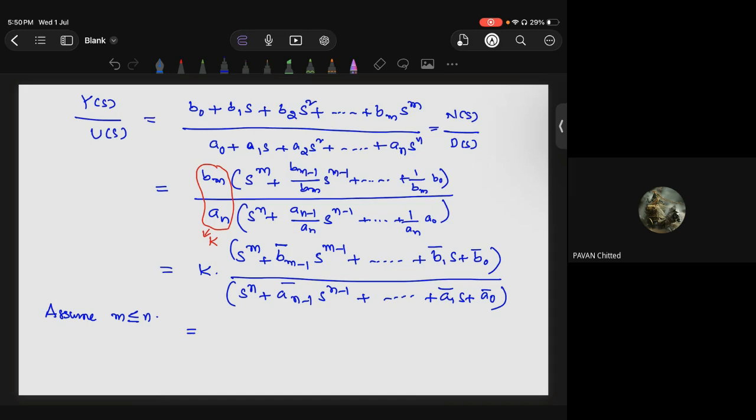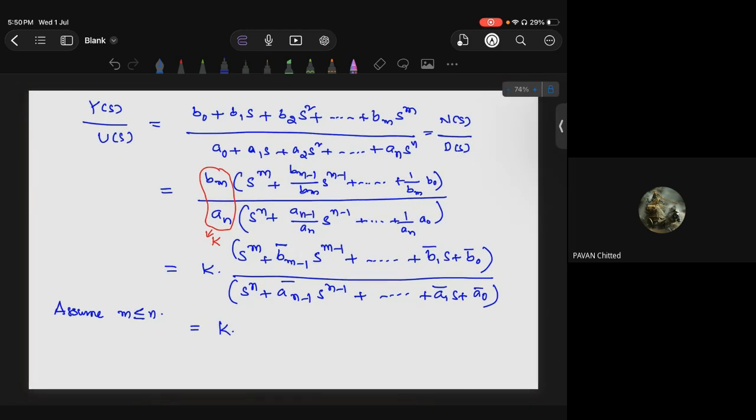Now I can divide this into roots, and this also I can divide into roots. I can divide the numerator into roots as s minus z1, s minus z2, up to s minus zm. So how many roots am I going to get? m.